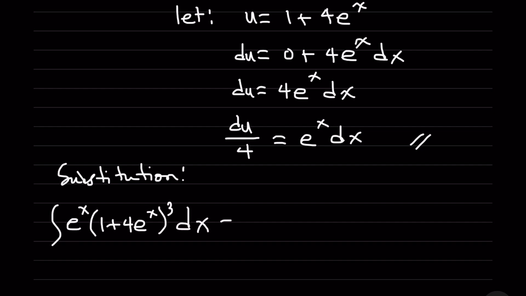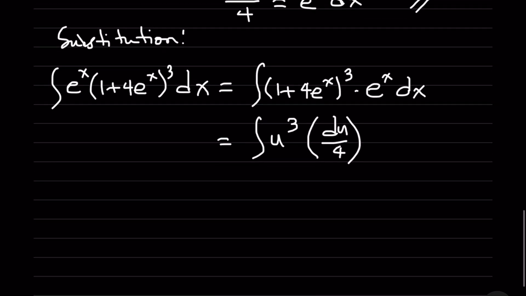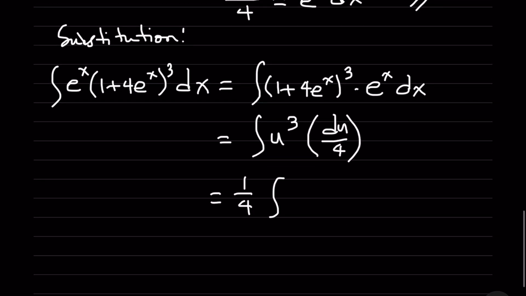So we take note that we can write this equation as the integral of the quantity (1 plus 4 e to the x) raised to the third power times e to the x dx. The last part, e to the x dx, is actually du over 4. So this is equal to the integral of u to the third power times du over 4.